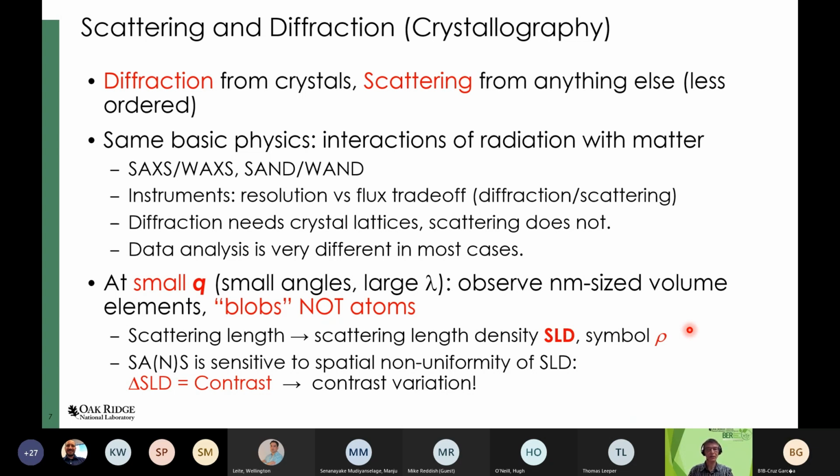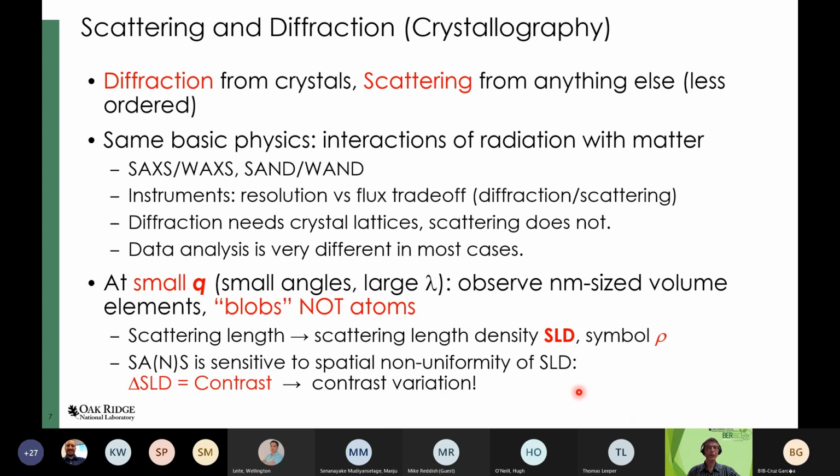The concepts are very similar in certain ways, but I'm not going to go into all of the physics of that. So with small angle scattering we are sensitive to spatial non-uniformity of scattering length density.